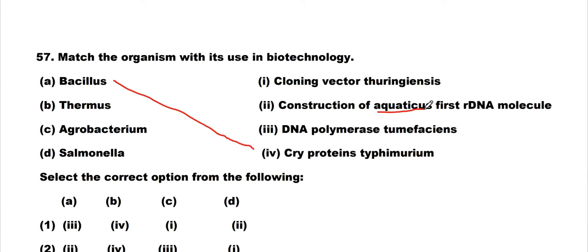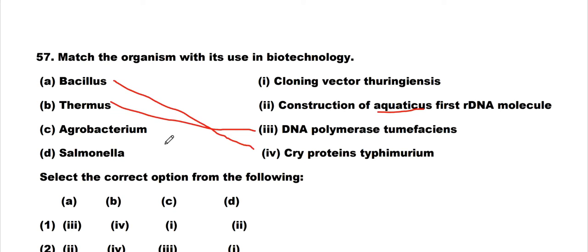So what is Thermus aquaticus? Thermus aquaticus is for producing DNA polymerase, right? That is what Thermus aquaticus is meant for. So your B will be 3, DNA polymerase.